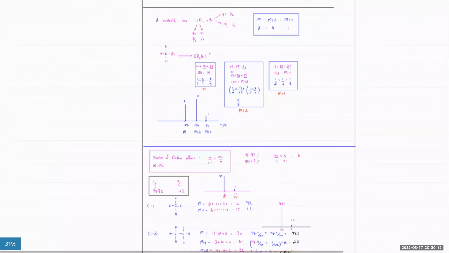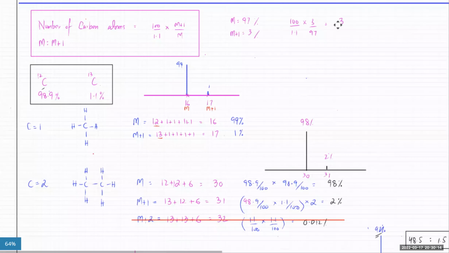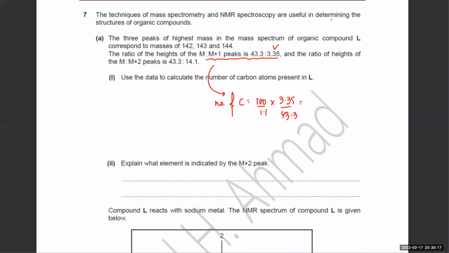What are the figures there? This one, 3.35 divided by 43.3. Seven. So we've got 7 carbon atoms.